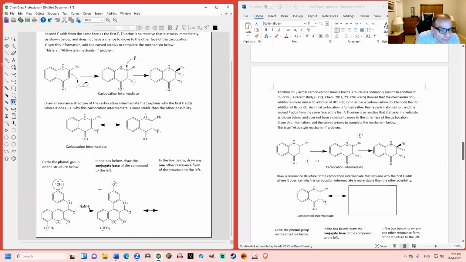So then it says to draw any one other resonance form of the structure to the left. Well, you always use curved arrows to help you find another resonance form. We can push the minus charge over to that carbon.